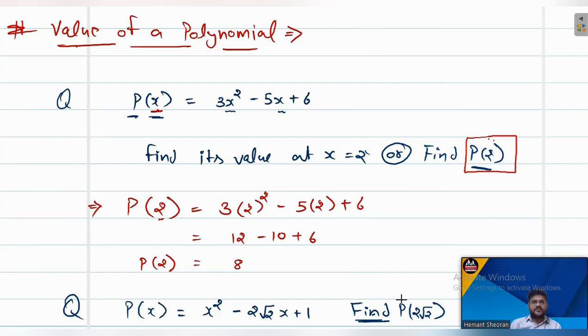Multiply 2 root 2 with 2 root 2, okay? Is it 4 root 2? Is it 2 root 4? Or just 4? I'm not sure.